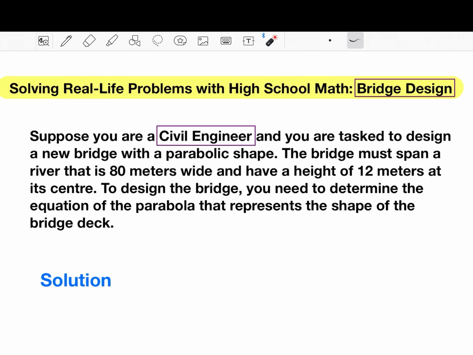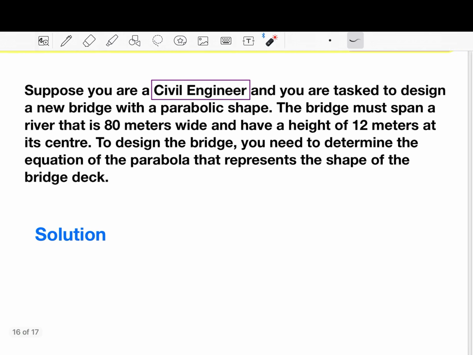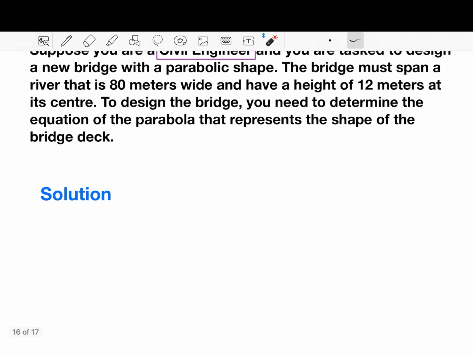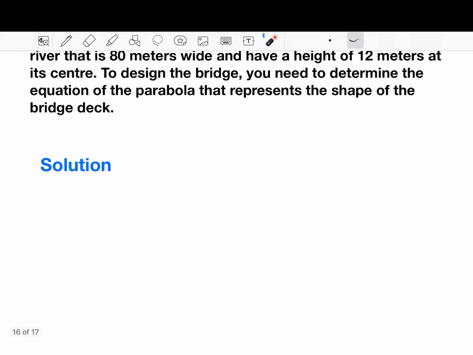But suppose you are tasked to design a new bridge with a parabolic shape, and the bridge must span a river that is 80 meters wide and have a height of 12 meters at the center. To design the bridge, you need to determine the equation of a parabola that represents the shape of the bridge deck.